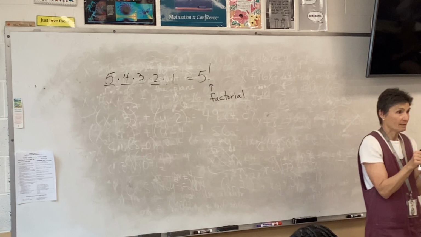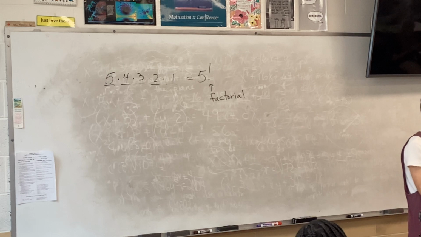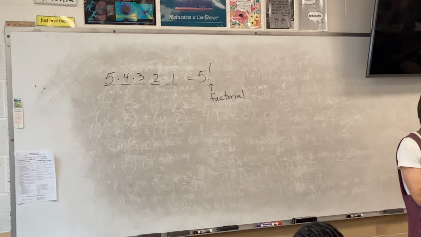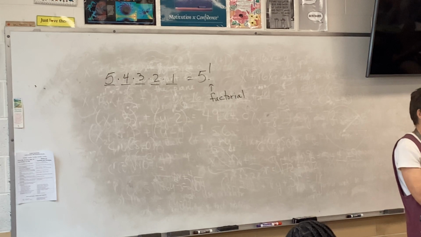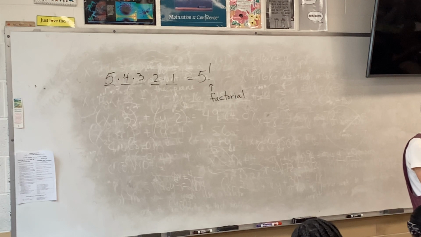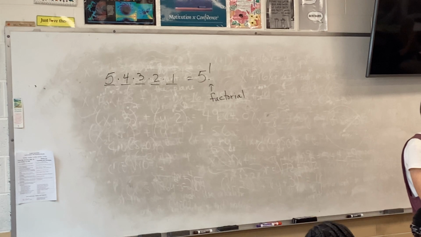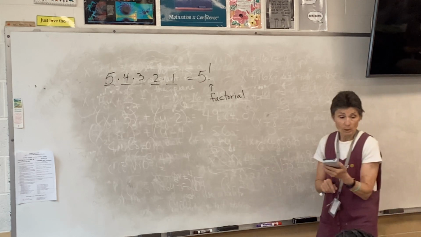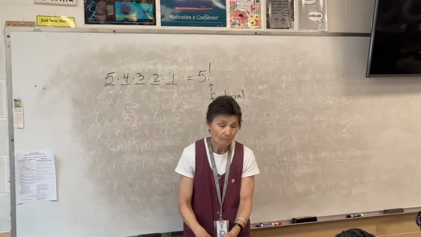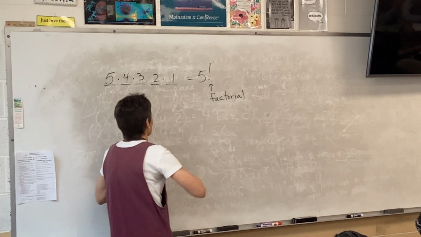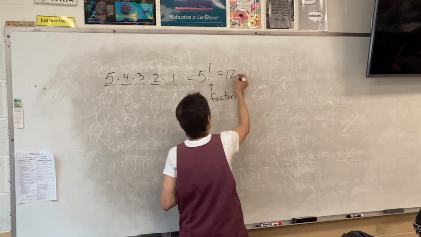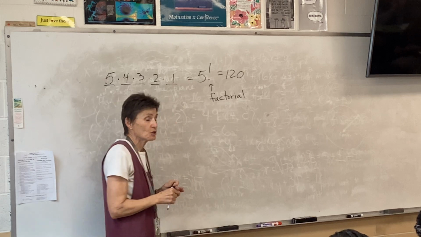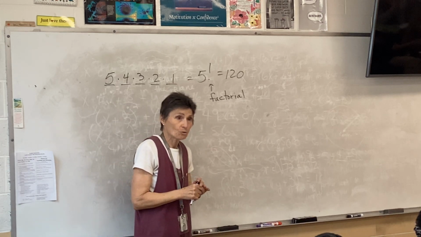And in that column, do you see the exclamation point? Okay, so the way you do this, go back to the home screen. You have to put your number in first. So put 5 in first. And then math, prob, factorial. And it should say 120. So how many ways can I arrange 5 books on a shelf? 5 factorial.